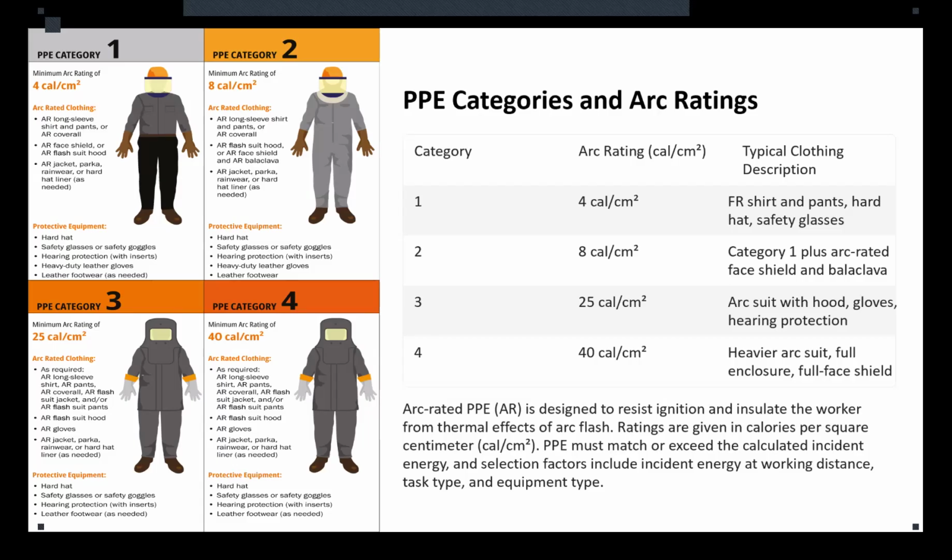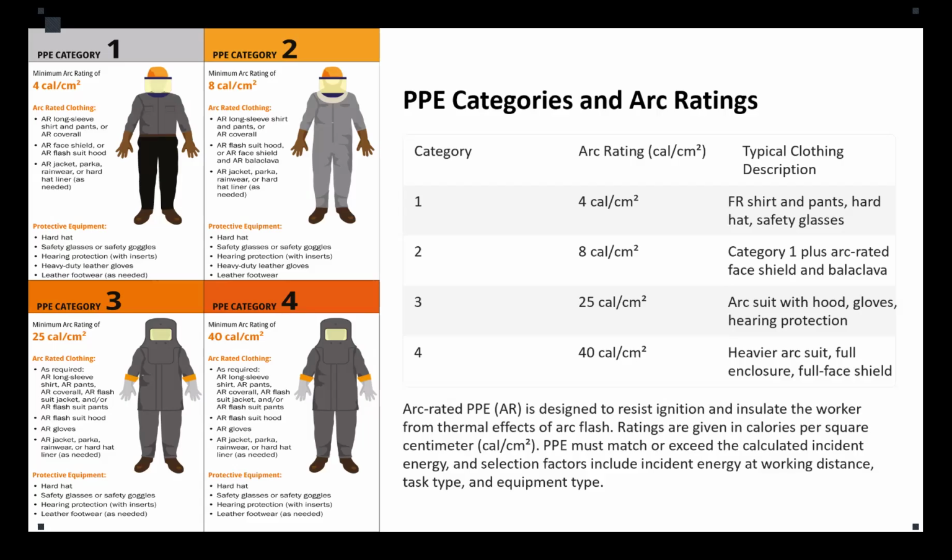There is additional clothing added to category 1, which is an arc rated hood and a heavier arc rated shirt, pants, or layered FR system. This is the most common PPE level in low voltage gear like panel boards and MCCs at 480 volt.